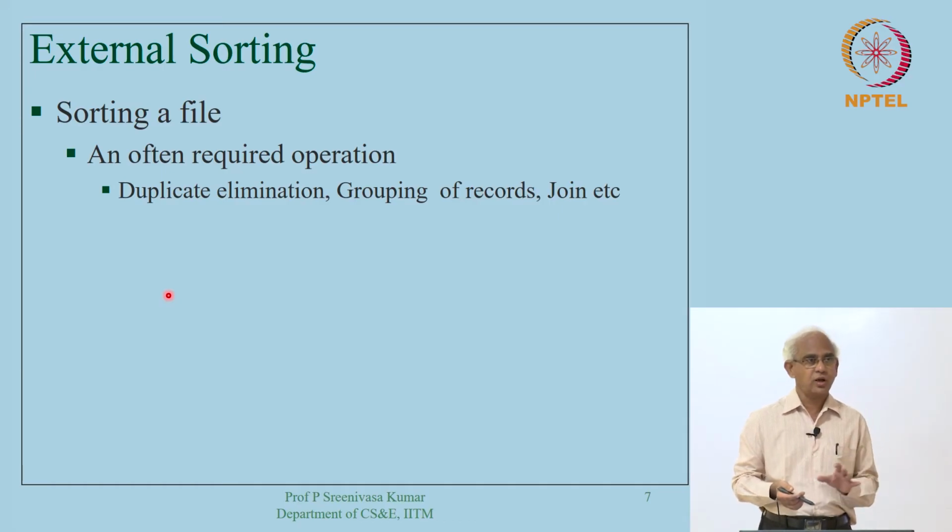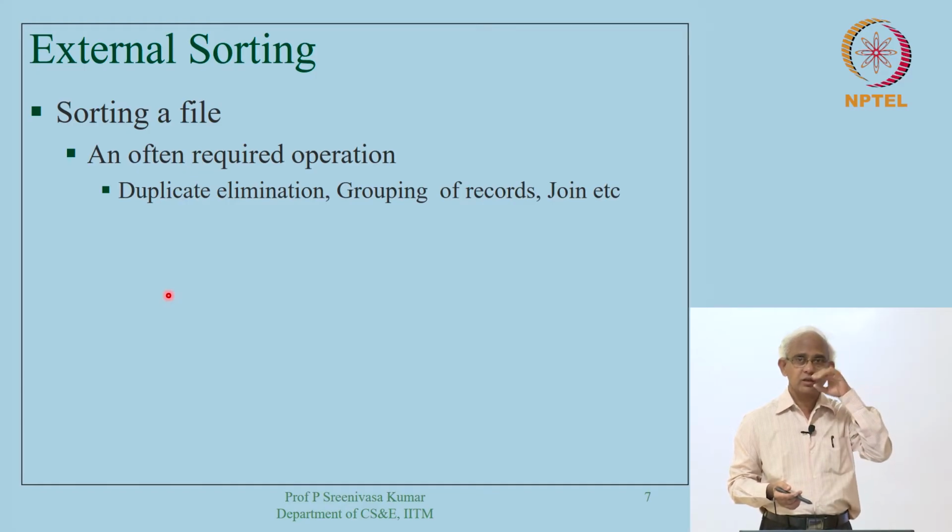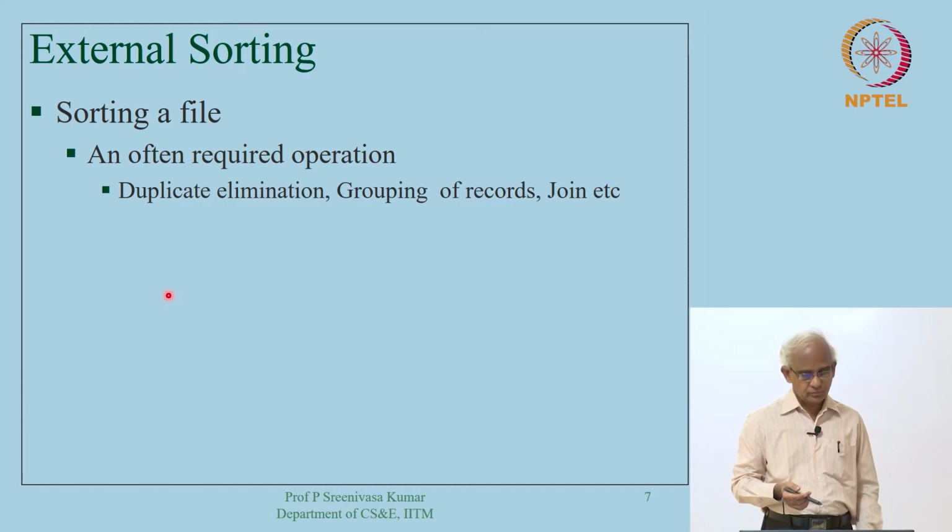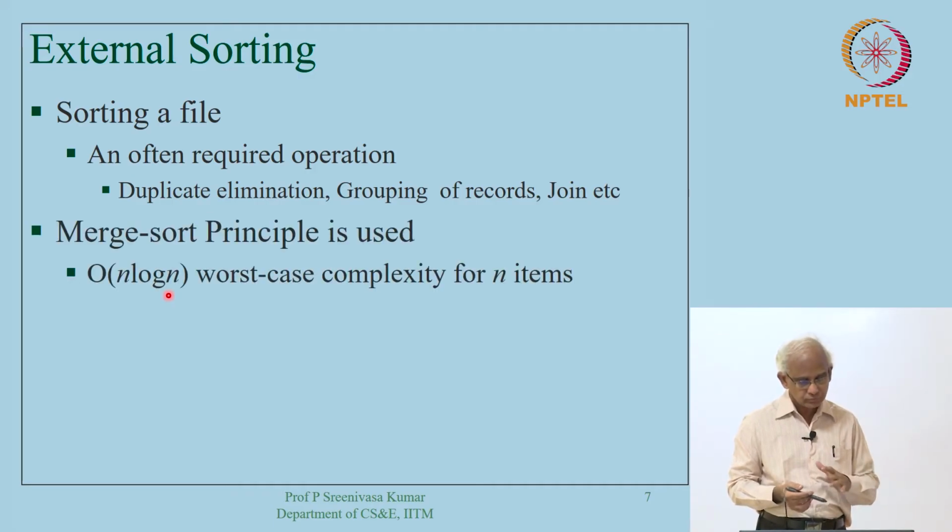First, let us focus on external sorting. External sorting involves a huge file which is disk resident, and you have been given some attributes for comparing the records, and you have to sort them in increasing order.